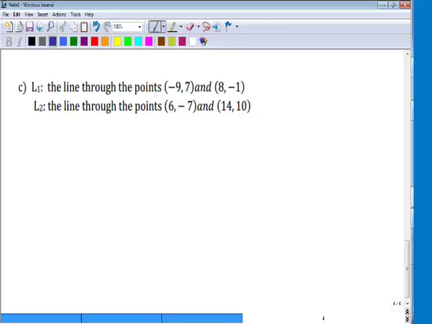I mean, we could just find the equation of each line. We've got plenty of information to find the equation of each line, and if we confirm they have the same slope and different y-intercepts, that would confirm that they are parallel. If we find the slopes of each line and find their opposite reciprocals, that'd be enough to say that they're perpendicular.